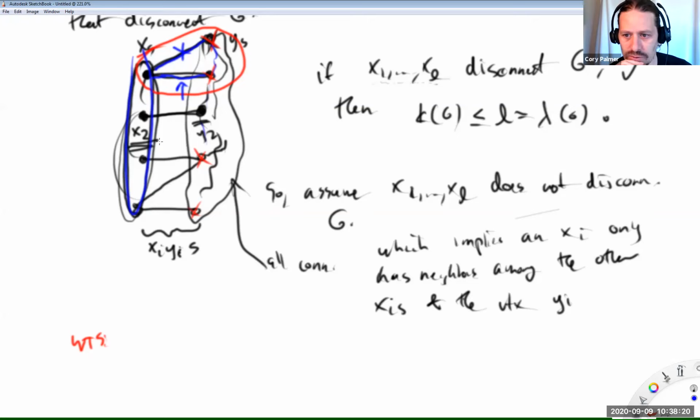I see, Van. So that's a pretty good idea, and that almost certainly works. It's just a little more than we need here. Maybe we have to be more careful with our numbers, because let me point something out here, and this actually probably solves it, which is close to what you're saying. So what I'd like to show, okay, we know that the neighbors are among the xi's and the yi's. Now, the number of xi's that are here is actually reduced each time you have this configuration, right?